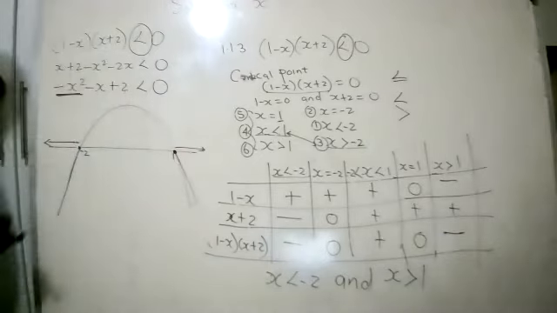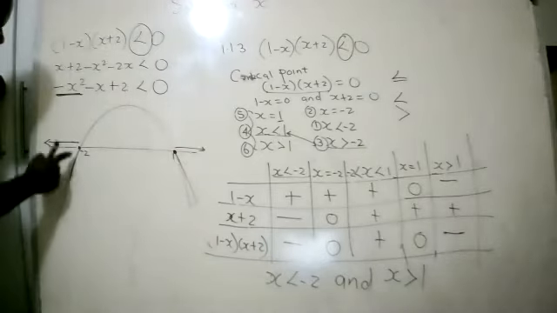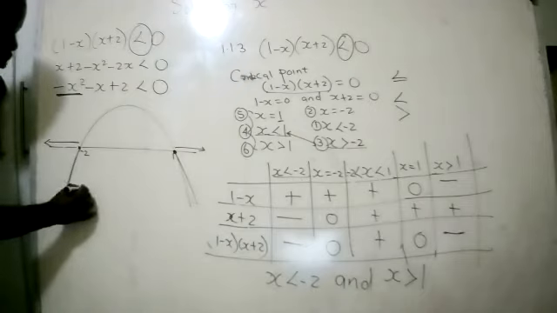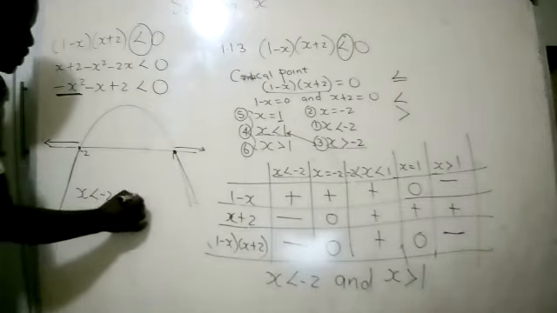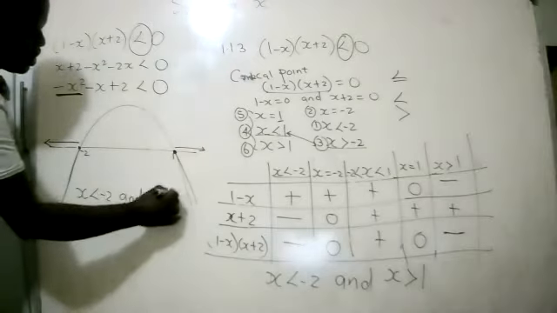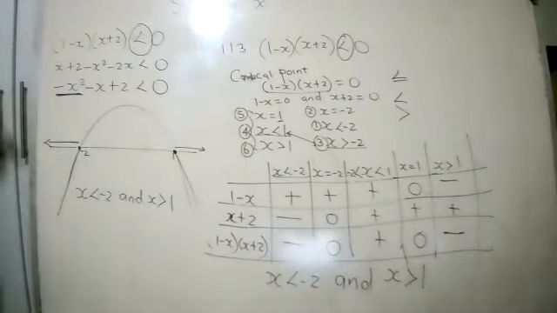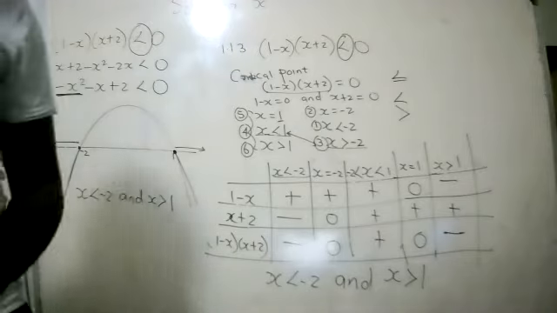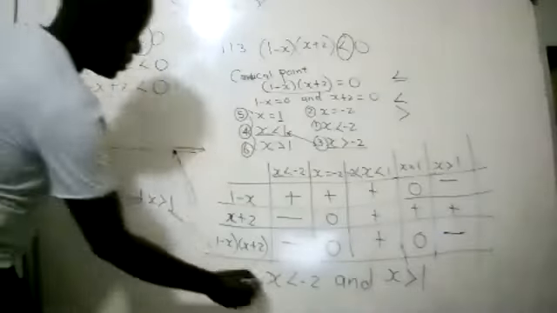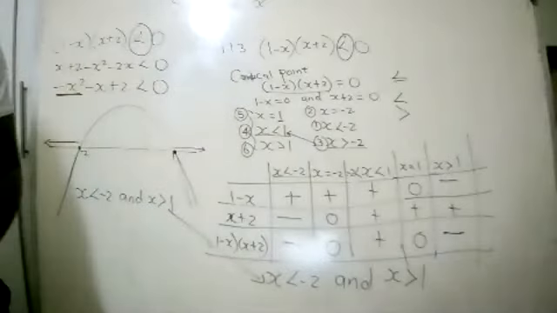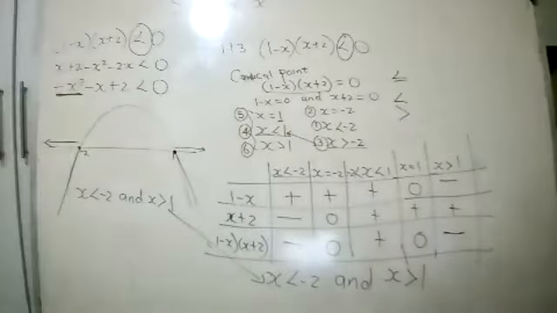So we must be able to write this in an expression form. So it's going to be x less than -2, and again x greater than 1. And that's how we arrive at the solutions, which must be exactly the same as the solutions we obtained by the table method. Is that clear? Yes, sir.